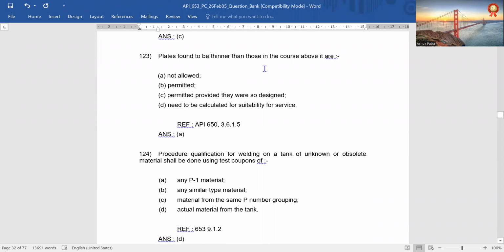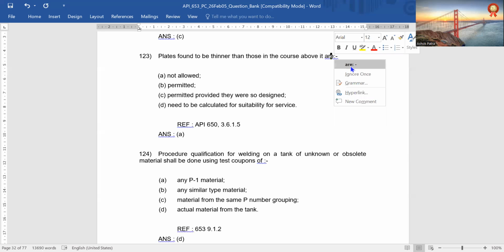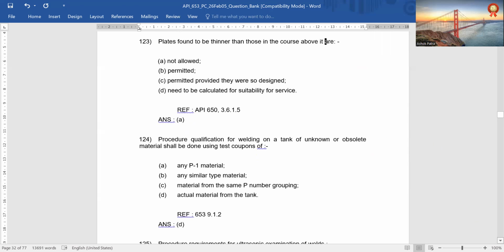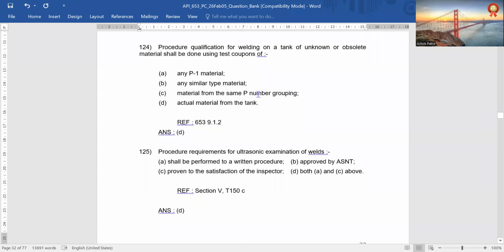Plates found to be thinner than those in the course above it are not allowed. Procedure qualification of welding on a tank of unknown or obsolete material shall be done using a coupon of actual material from the tank.